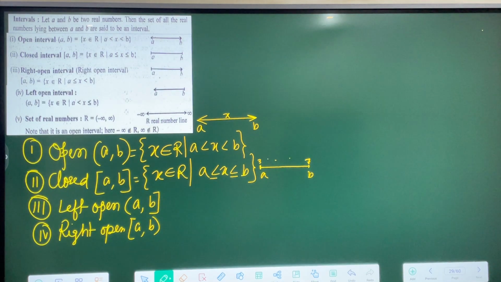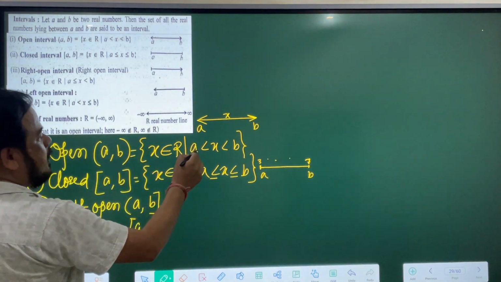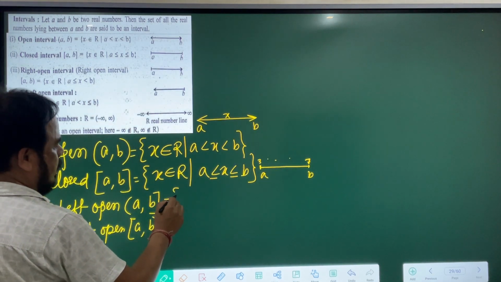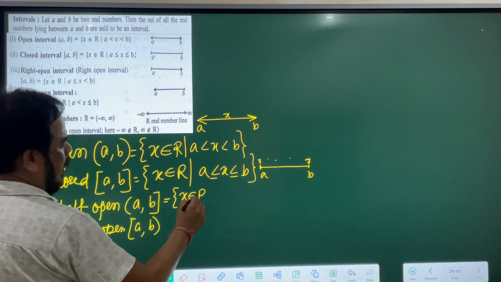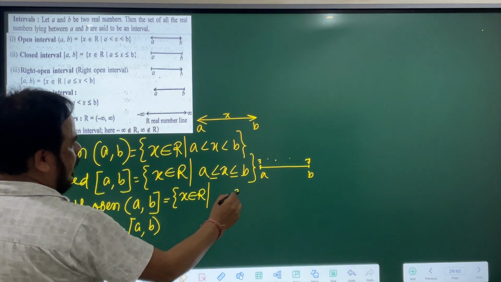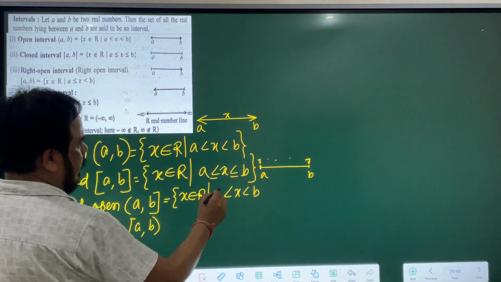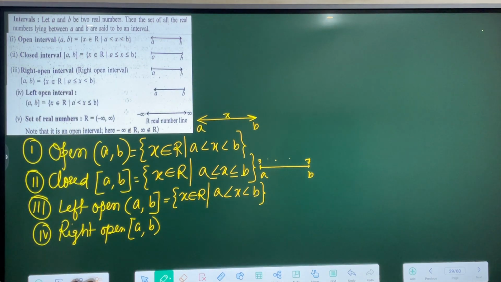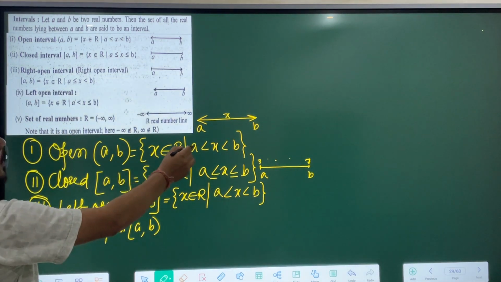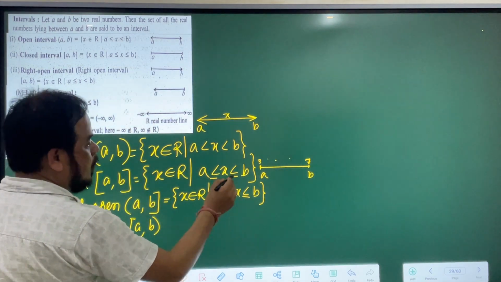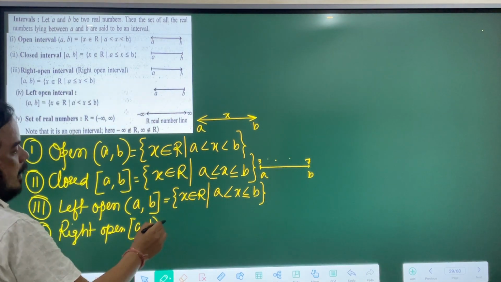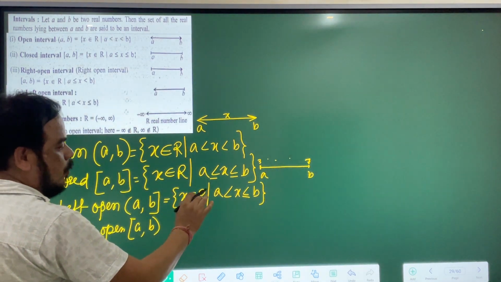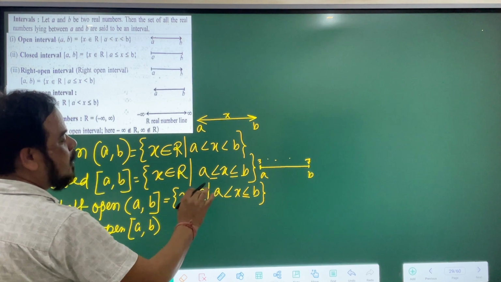I hope you understand. So for open, this is the symbol. For closed, equal must be there. So how to write? X belongs to R such that X is greater than 2. Now left open, A is open, but B is closed. That means X is greater than 2, but while writing the elements we will not write 2.